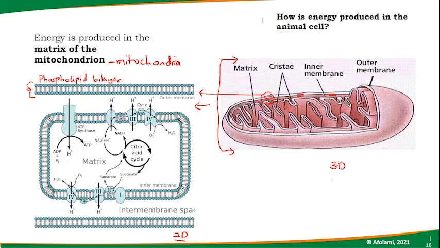The inner membrane of the mitochondrion is what actually folds into the cristae, as we call it. So it's a folding that helps to increase the surface area of the mitochondrion.